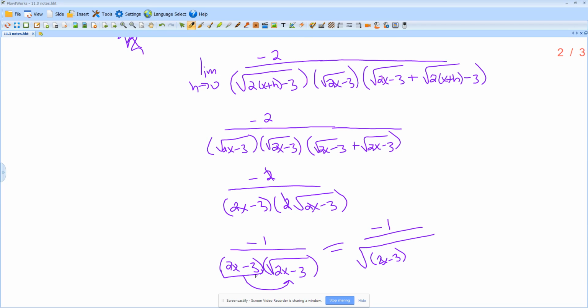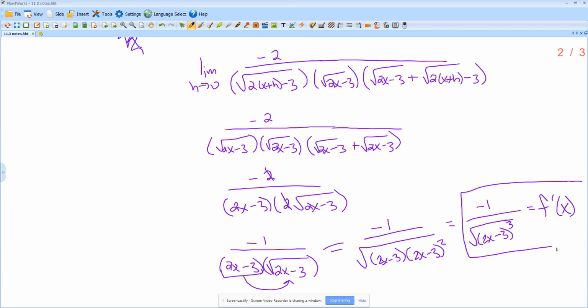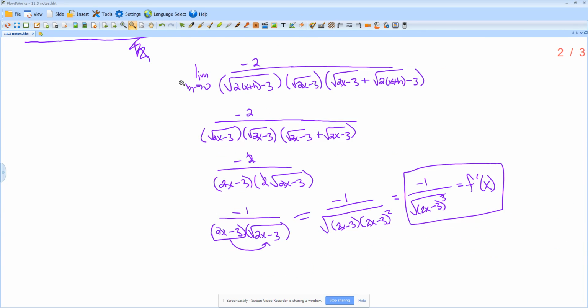And if I want to bring these 2x minus 3's into the radical, I have to square them. And now if I have 2x minus 3 times 2x minus 3 squared, that becomes the square root of 2x minus 3 cubed. And there is my derivative function. So negative 1 over the square root of 2x minus 3 cubed. So there is like some really awesome simplification there.